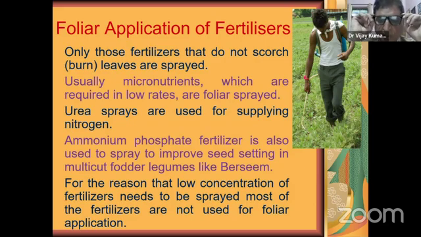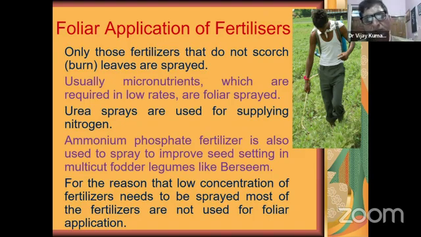So we have to take care of the fertilizers which are easily applicable, and the concentration also which is required by the plant. So there are formulations like 19:19:19 given by many companies.